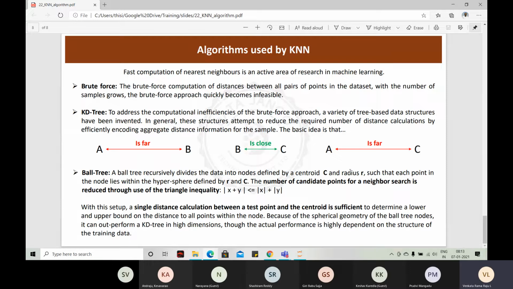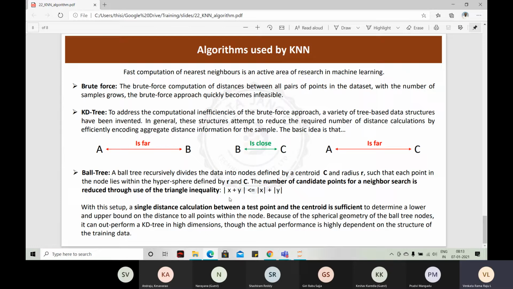The data points falling in that radius are going to be closest to C, such that each point in the node lies within the hypersphere defined by R and C.